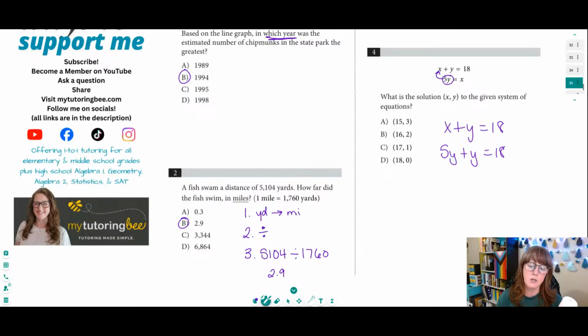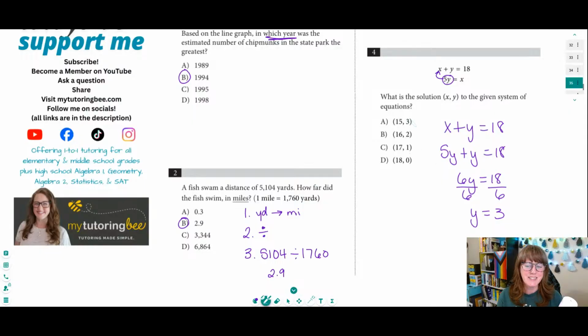So then we just need to solve. 5y plus y is 6y. That equals 18. Divide by 6, divide by 6. So y is going to equal 3. So now remember that for a system of equations, a solution is a coordinate. So we need two different pieces of information. We need the x and the y. We have the y.